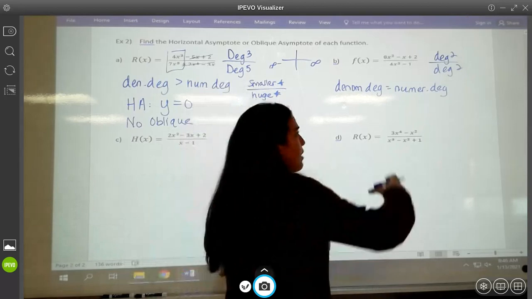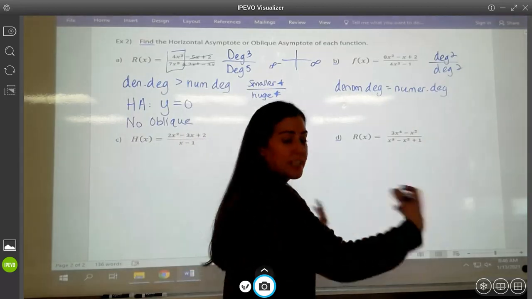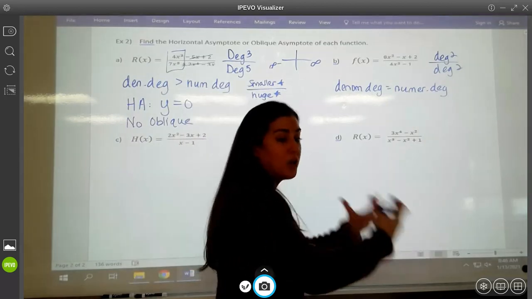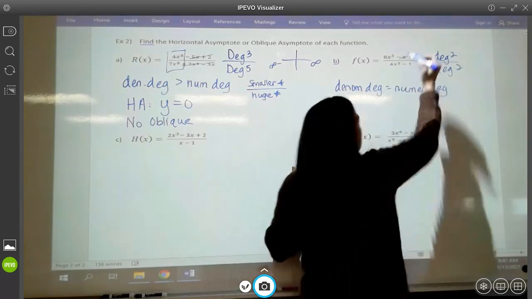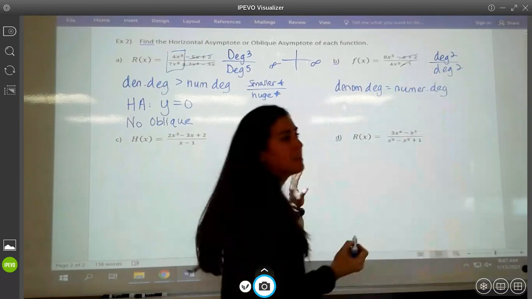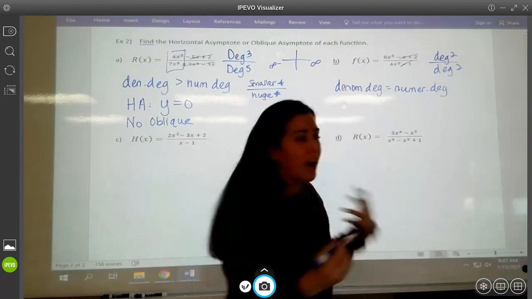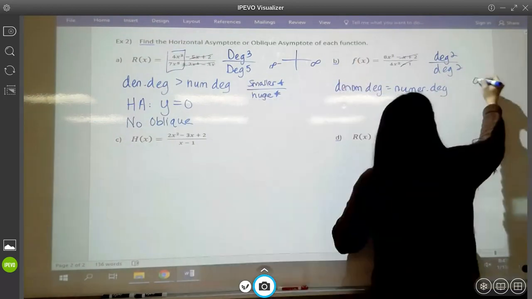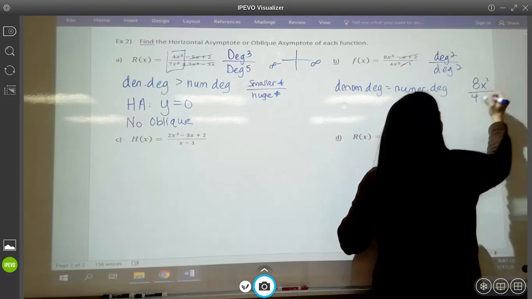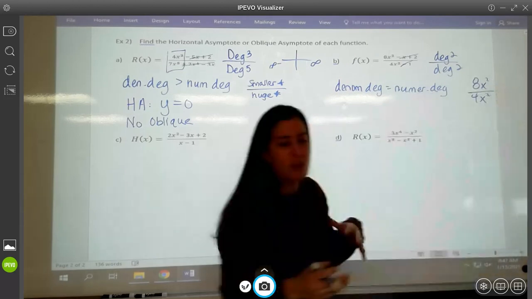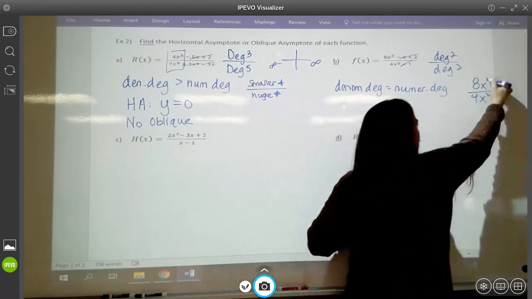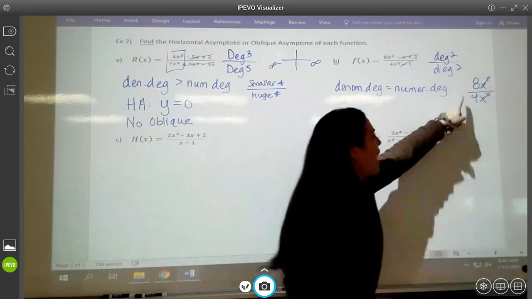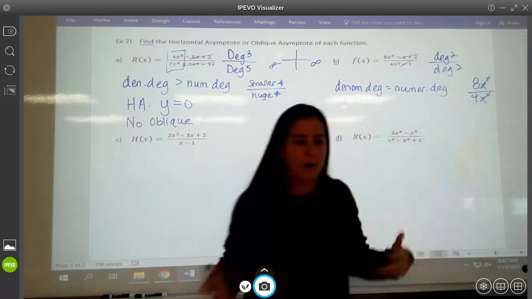And when you think about it, the horizontal asymptote is predicting that end behavior. So x is going to be really, really big. So when you plug really big numbers in, this is going to become insignificant, this is going to become insignificant. You're going to end up with 8x squared divided by 4x squared. Well, if they're going to be the same degree, you're always going to have that common factor that cancels out, and y is going to head towards whatever 8 divided by 4 is.